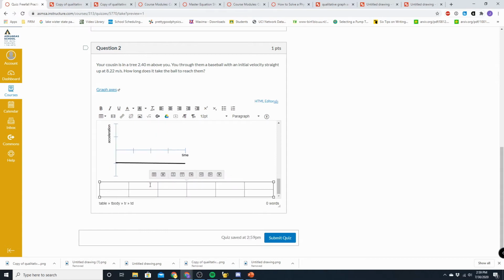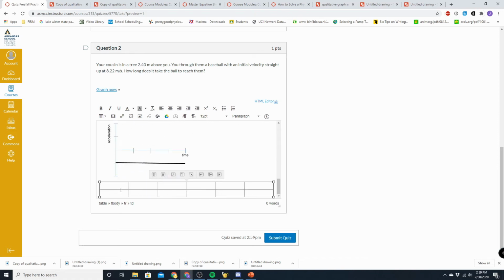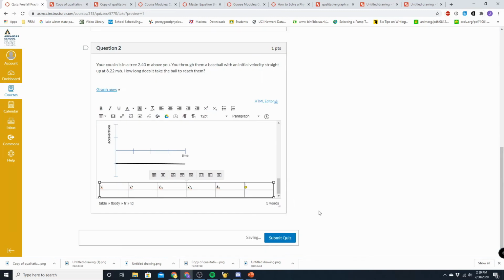So we want a 6x2 grid, and this time we are still moving up in the y direction, and so we are going to have y initial, y final, v initial in the y direction, v final in the y direction, a in the y direction, and delta t. So we need to come over here to the Greek letters and insert delta t.